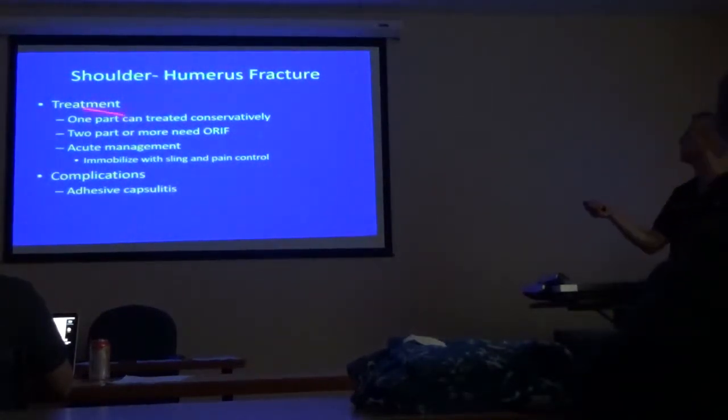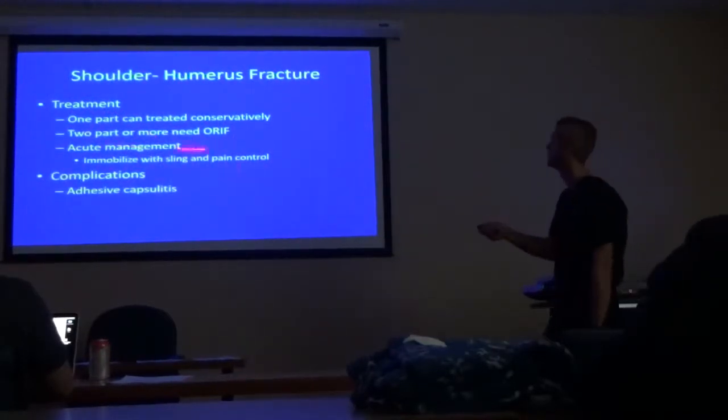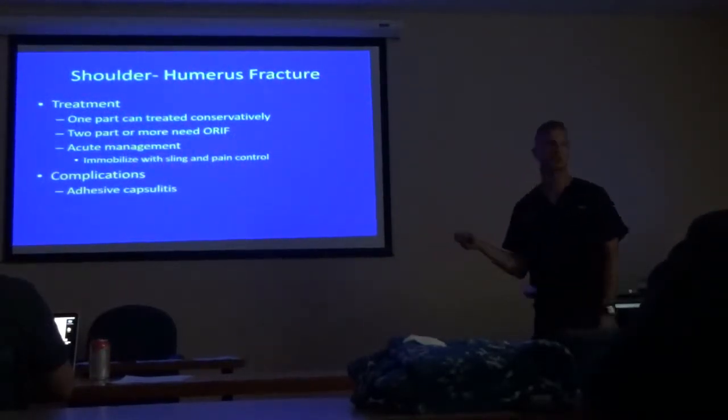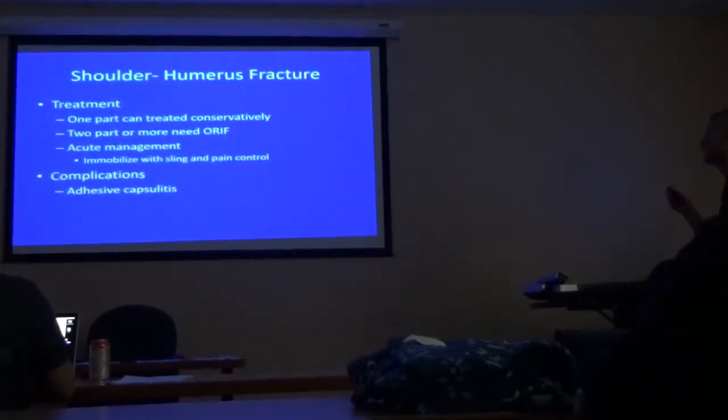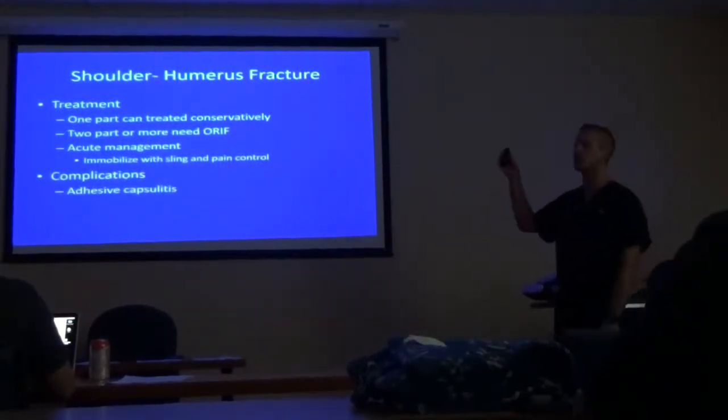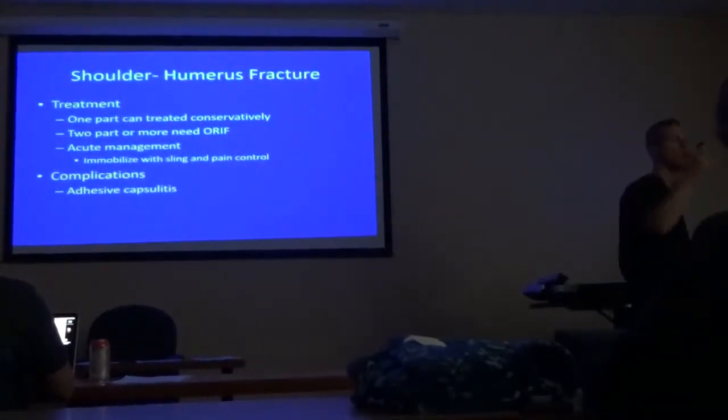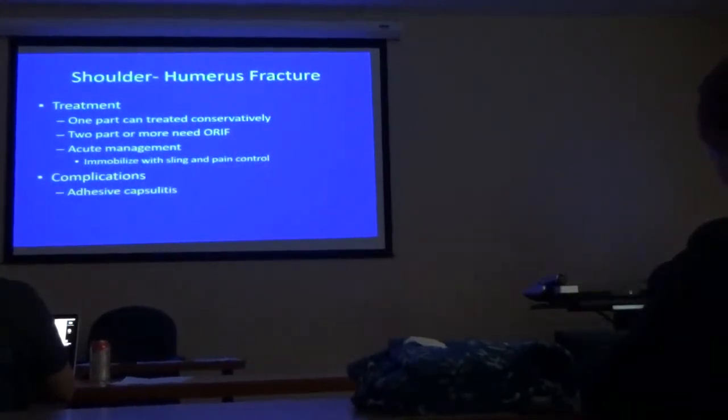Depending on the Neer classification, depending on what they're going to do surgery for, in making this lecture, there's not a lot in there about what you need to do surgery for. I think orthopedic PAs, once they start working and training with their surgeon, that's when you really learn.